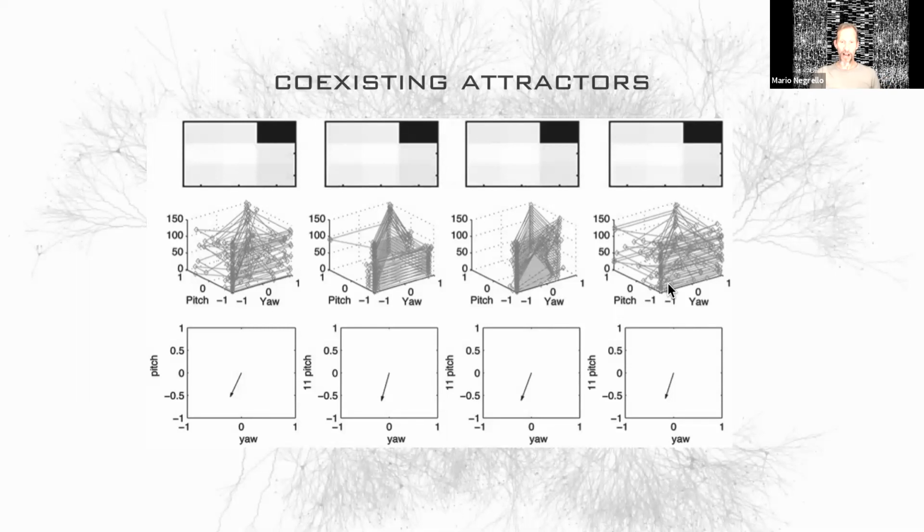The average output of all of these networks is very similar. It's one network. The average output of all of these different sequences, these different trajectories in activity space, amount to the same average action of the robot. So the robot, in this case, will be looking down and left, and that's how he is able to center the ball into his visual field. But he's able to do that using different kinds of activity.